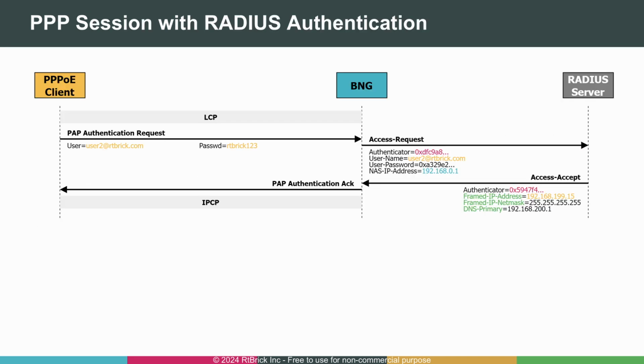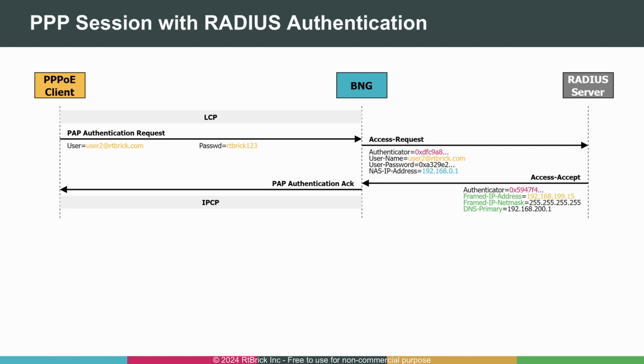When a PPPoE client initiates a PPP session, it sends a PAP or CHAP authentication request to the BNG, including the username and password. Instead of using a local user database, the BNG sends a Radius access request to the Radius server. The access request contains the user's credentials, along with an authenticator ID and the NAS IP address.